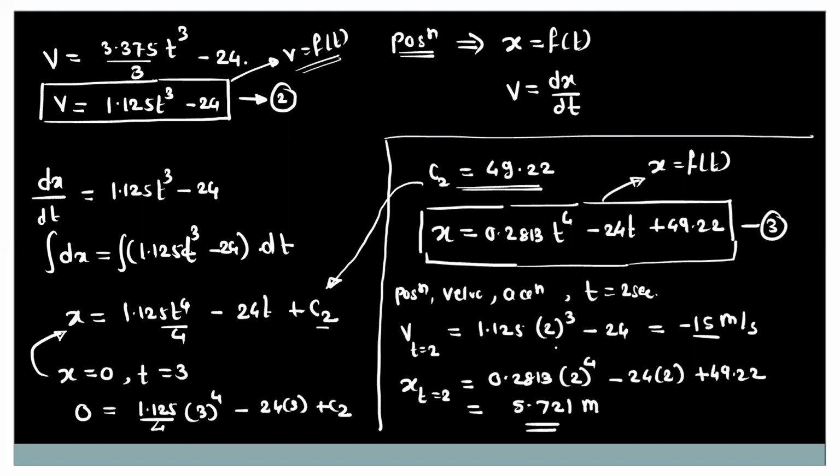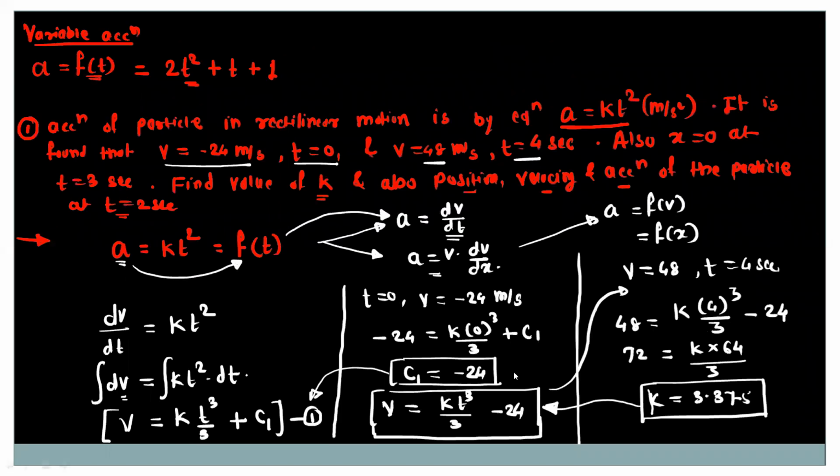And then refer the equation for acceleration. So acceleration is given by a is equal to kt square, and k value is 3.375. So acceleration as a function of time is equal to 3.375 t square.